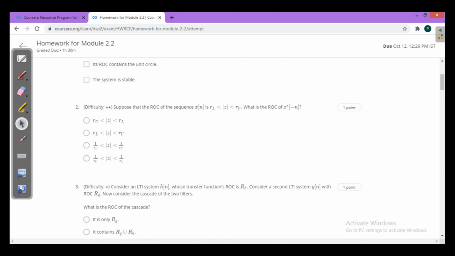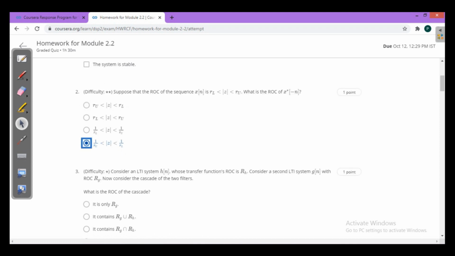Suppose that the ROC of the sequence x of n is RL less than mod z less than RU, the lower limit and the upper limit. Okay, what is the ROC of the complex conjugate of x of minus n? So for the time reversal, it is 1 by RU less than mod z less than 1 by RL.